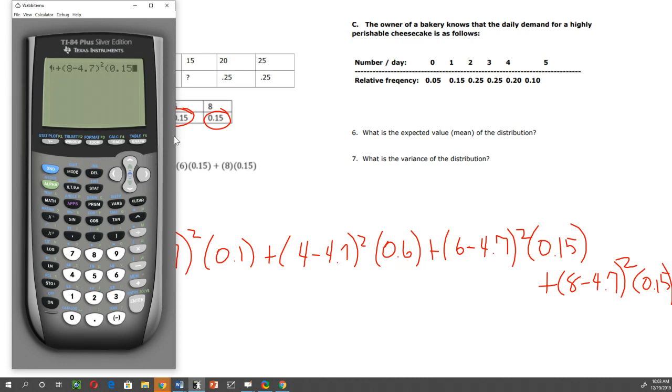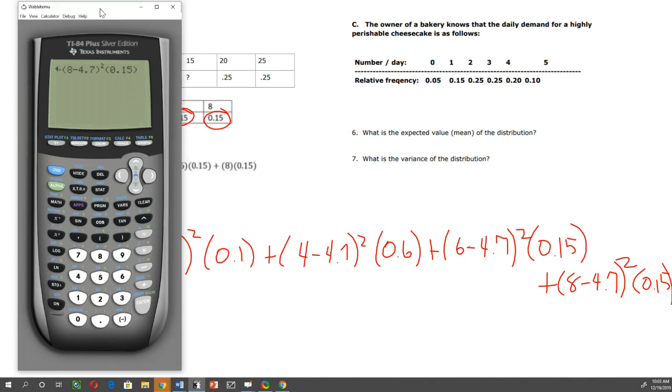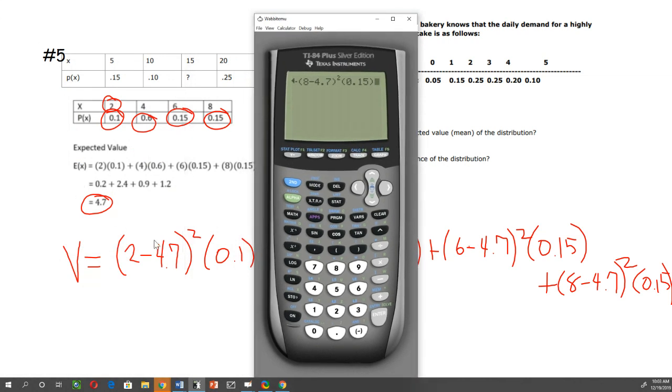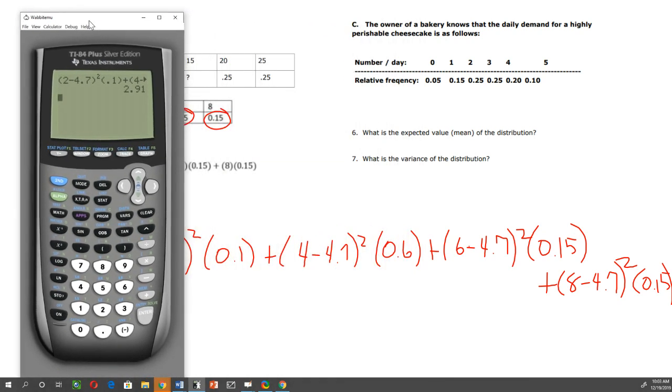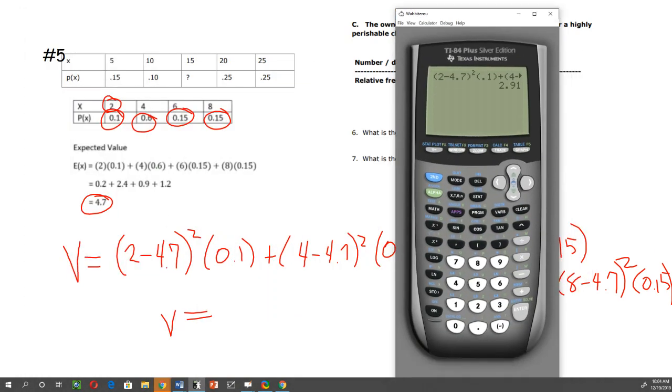And that has all the parts of the variance in there. And you're just going to hit enter. And that's the variance. It does it all for you. So the variance right here, we'll move this out the way temporarily, is 2.91.